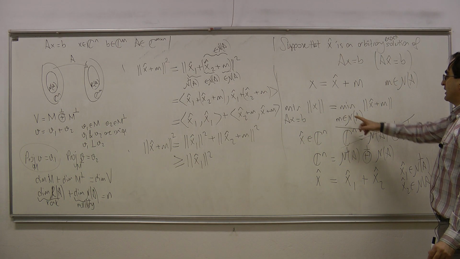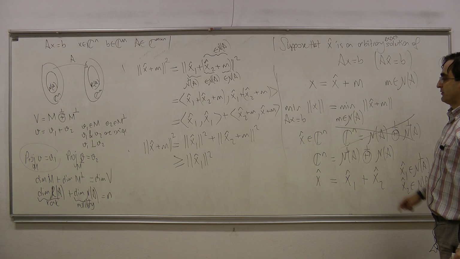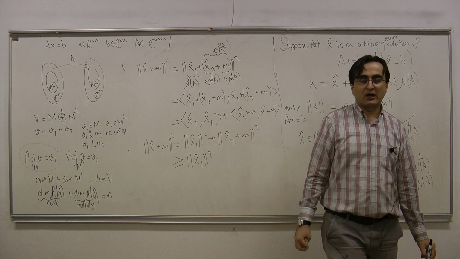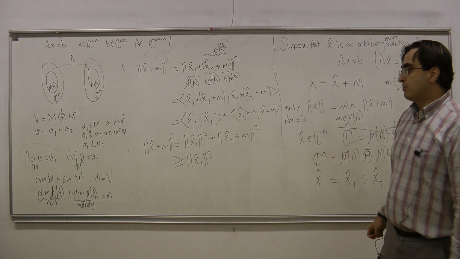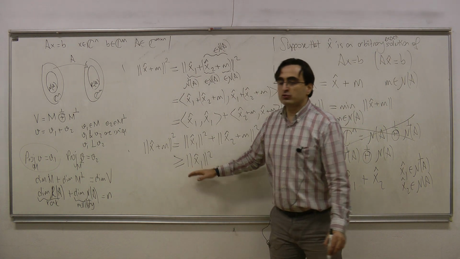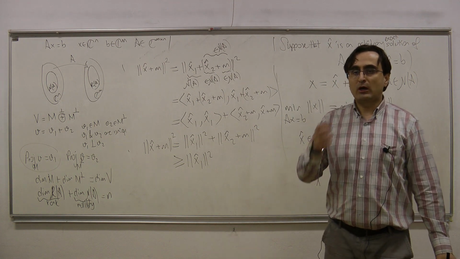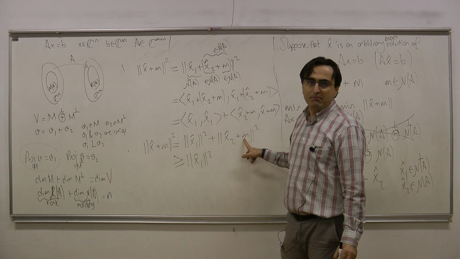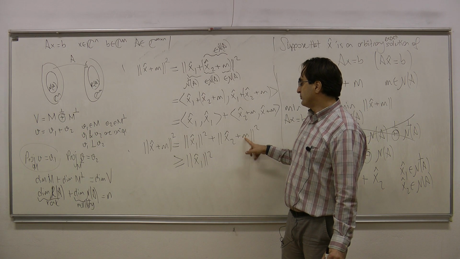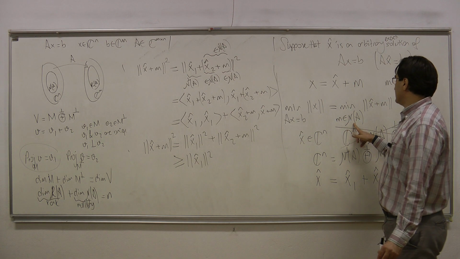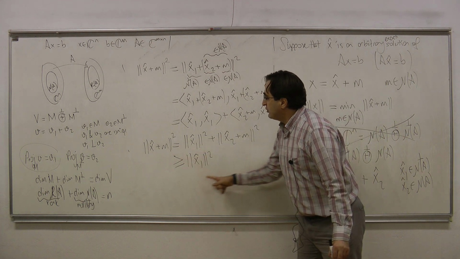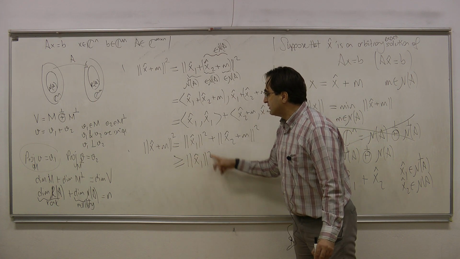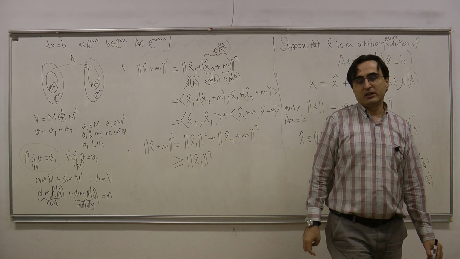And how do I minimize? By choosing an m in null space of A. So this is a lower bound for the function that I would like to minimize. But for this value to be the actual minimum, I need to be able to achieve this value by choosing an m in null space of A. If by choosing an m in null space of A I can achieve this lower bound, then I would know that this is going to be my actual minimum.